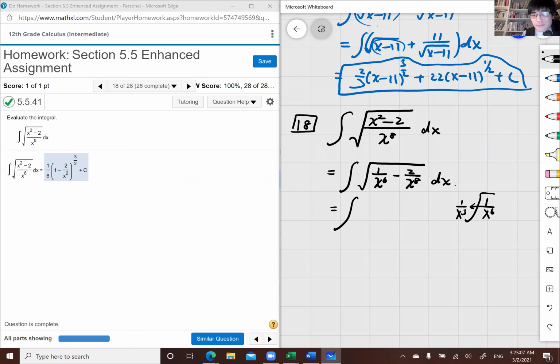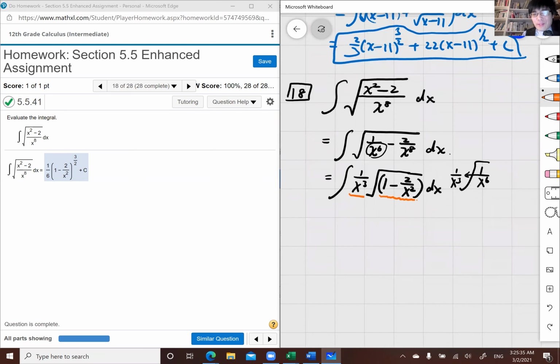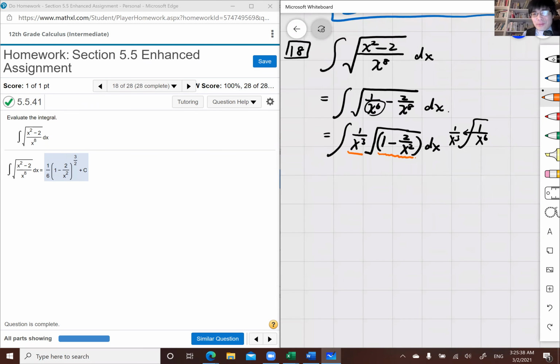So by factoring out just x to the power of 6 instead of 8, when you put x cubed out in the denominator, this is going to be 1, and this is going to be 2 over x squared. And that looks better than the previous one. The reason is, now you can see the derivative of this one becomes this. The derivative of the power of negative 2 gives you power of negative 3.